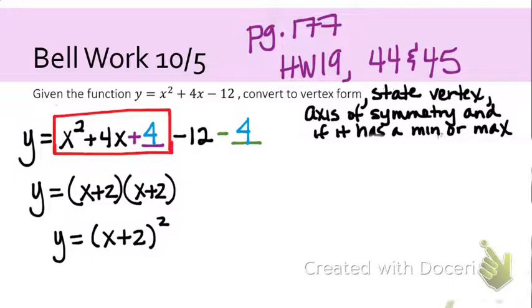So now we're ready to find our k value. So we need to simplify this. So if we take negative 12 and subtract 4, negative 12 minus 4 is negative 16. So this is vertex form right here.